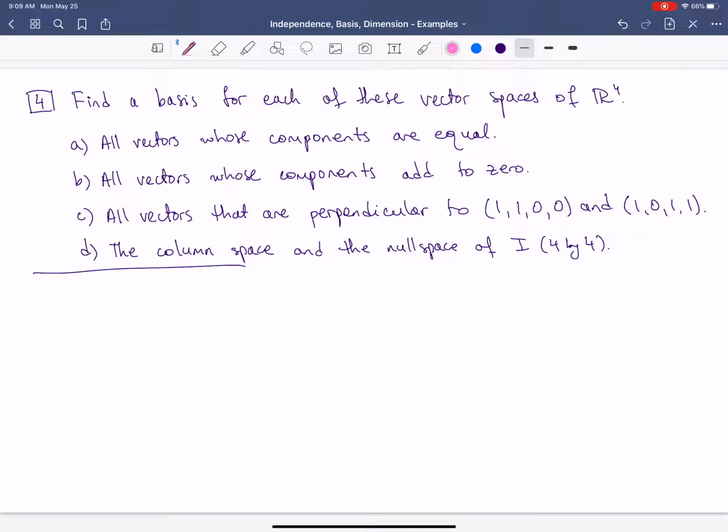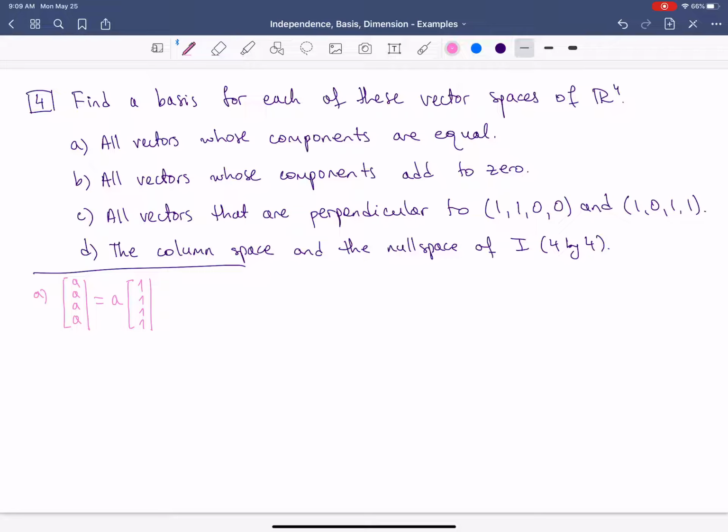So what's a typical vector where you have all components equal? Well, that would be the vector 1, 1, 1, 1. But you could also do it like this. If I take a typical vector with all components equal, then that vector will look something like a, a, a, a. So this vector is a multiple of the vector 1, 1, 1, 1.